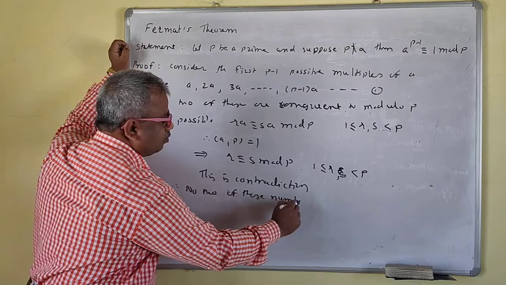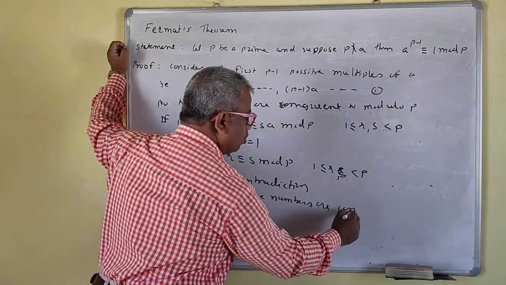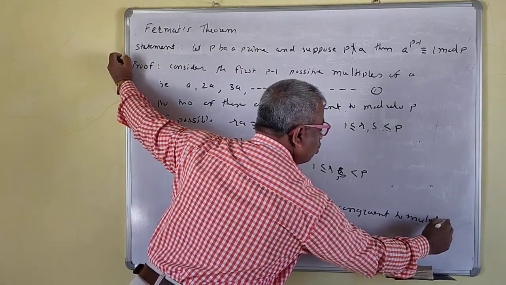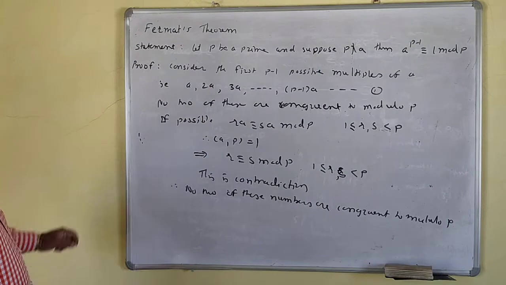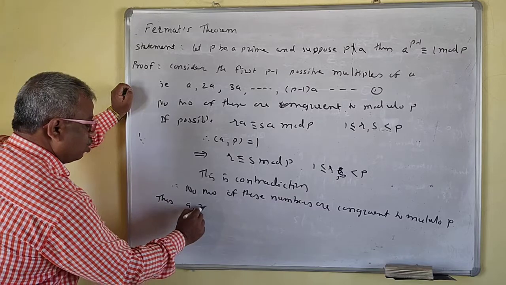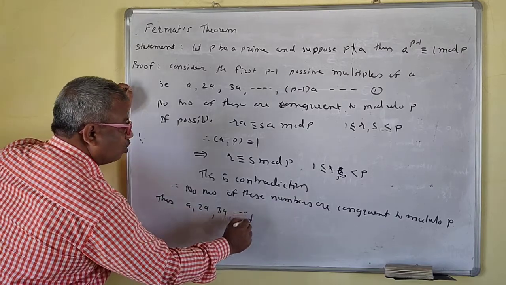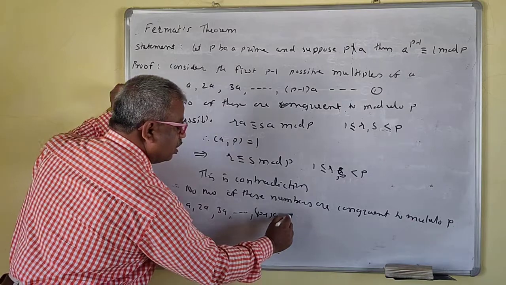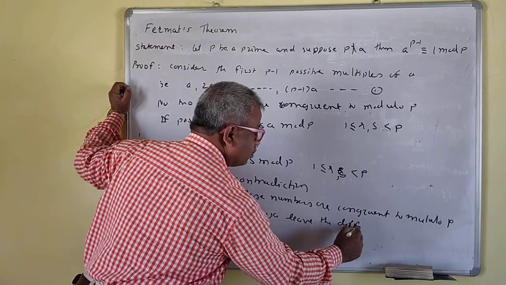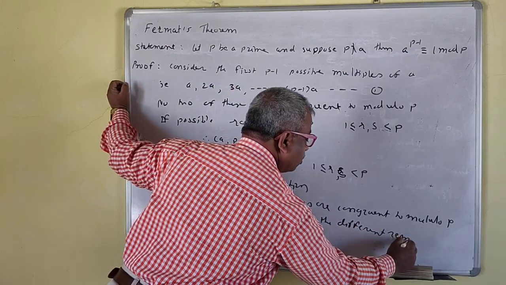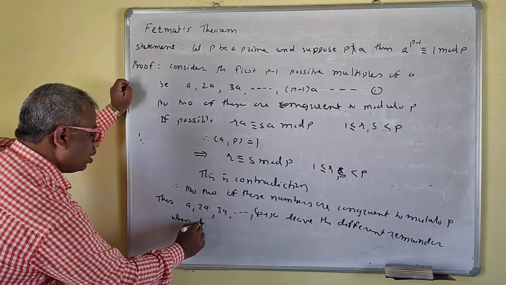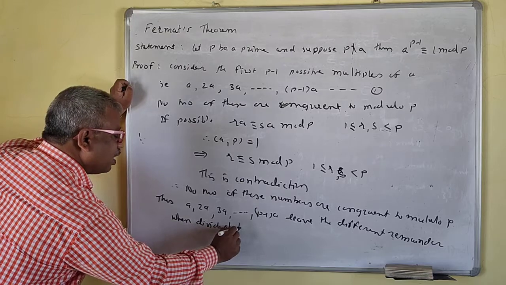Therefore, no two of these numbers are congruent modulo p. Thus a, twice a, 3a, dot dot dot, p minus 1 times a leave different remainders when divided by p.